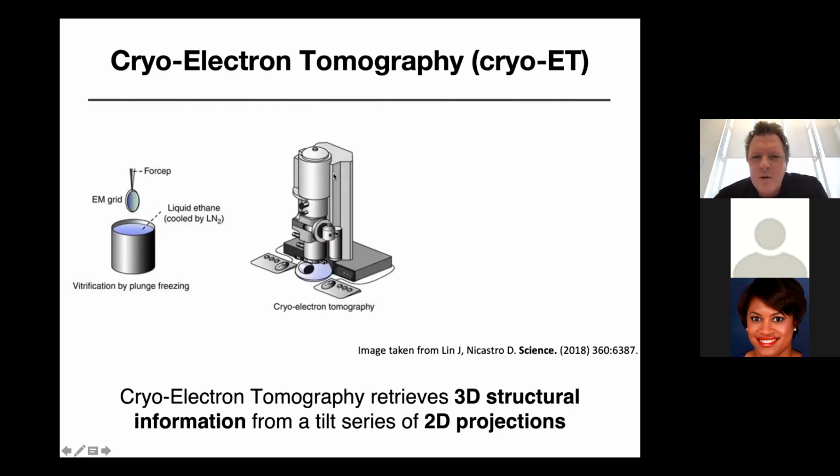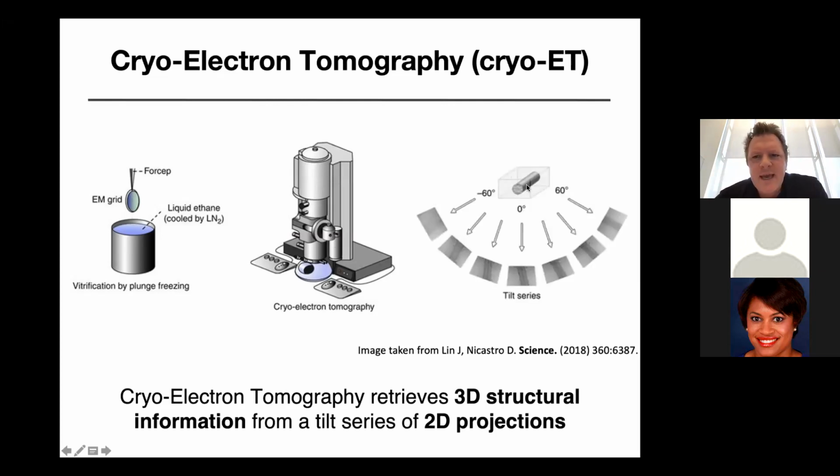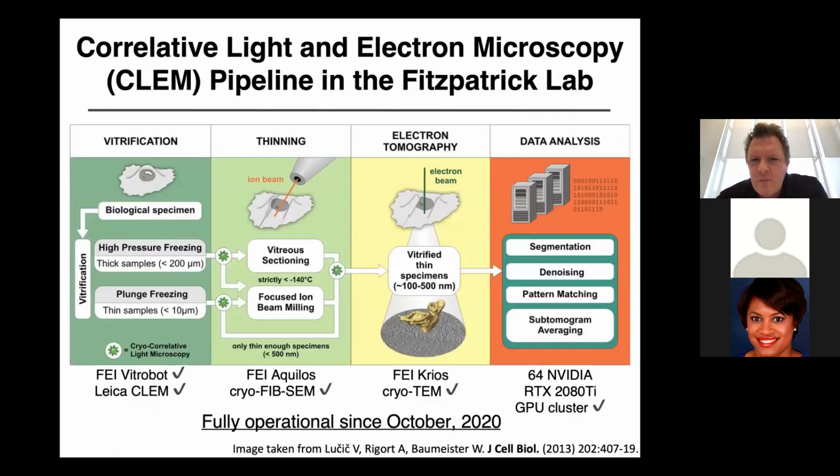We use our Krios microscope again, which is part of the core, and now we're taking images of those cells at different angles. By creating these different angle views of the cell, we can generate a three-dimensional reconstruction of the cell purely from these 2D projections. And I think that this is a bit more involved.